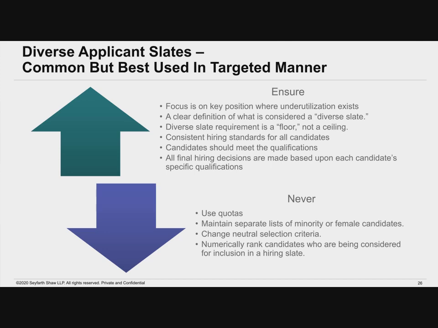You need to have a clear definition of what's considered a diverse slate, that it is a floor and not the ceiling in terms of how many diverse applicants you should have on a panel. You don't want to create that perception that, well, I have one and that's good enough. The candidate should always meet the qualifications for the position, and all hiring decisions should be made as to each person's individual qualifications.